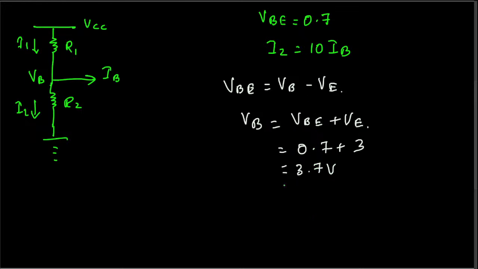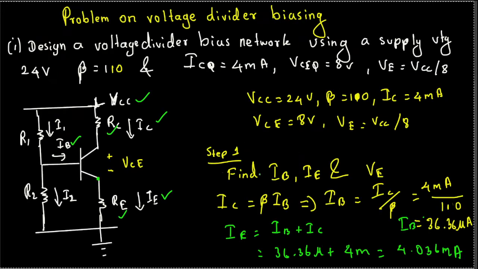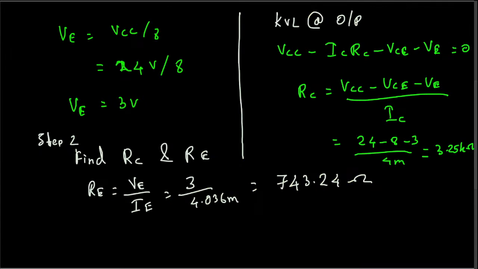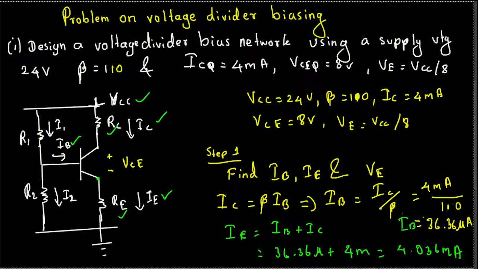And we can also find out the I2 current. I2 is 10 times IB, and the IB current is known. IB current, that is right here, 36.36 microampere.